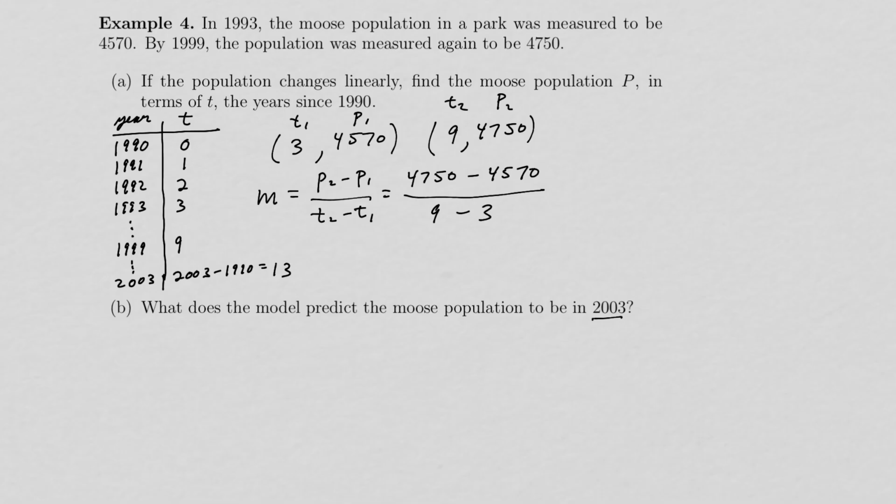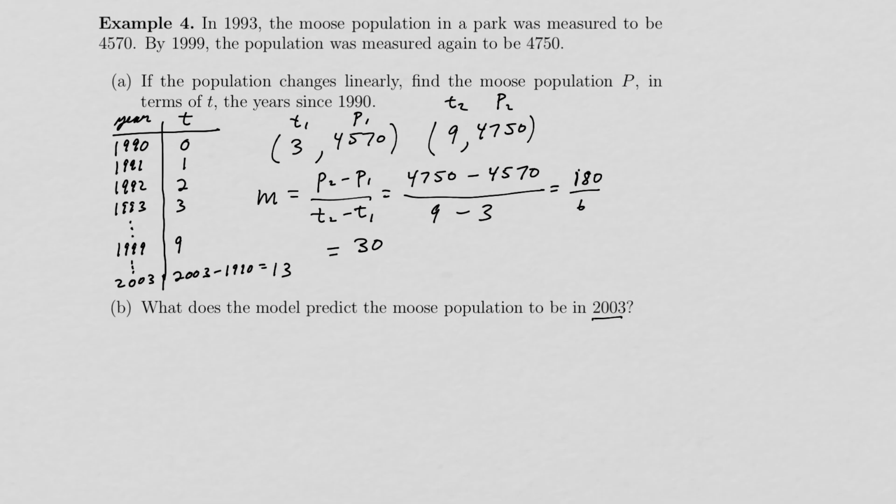Okay, this is equal to 180 over 6. So 180 over 6, and of course that simplifies to 30. And it really has units, right?